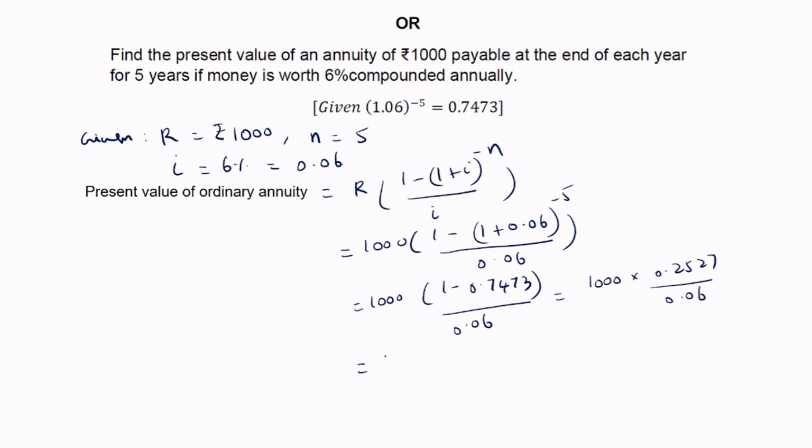So when we simplify, we get it as 4211.67 rupees. So the present value of the annuity of rupees 1000 payable at the end of each year for 5 years when money is worth 6% compounded annually is rupees 4211.67. Here again formula carries 1 mark and the final answer 1 mark.